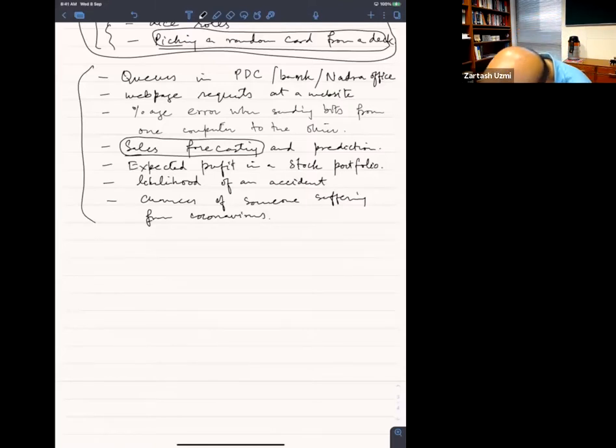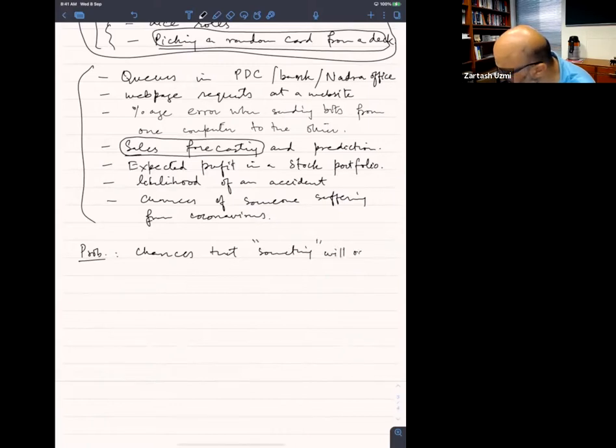Okay. So probability is really the chances that something, or an event, will occur. This something I define; this is called an event. So for example, if you roll a dice, you will see the number 6.